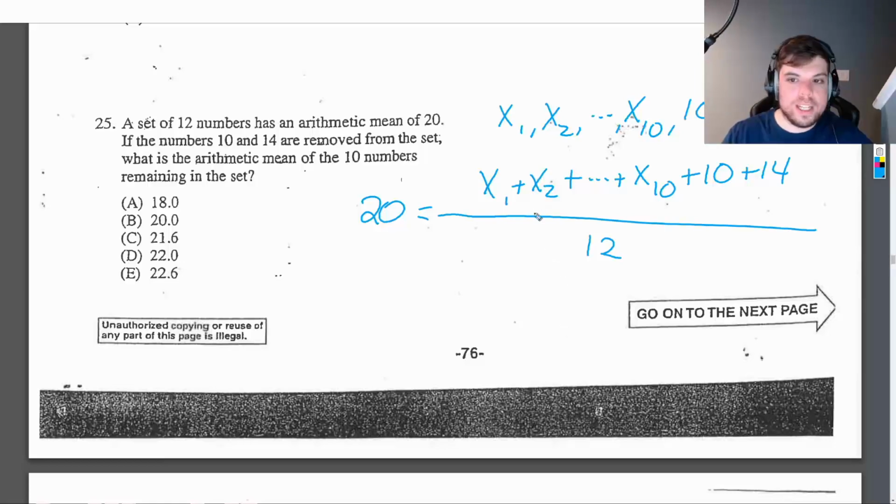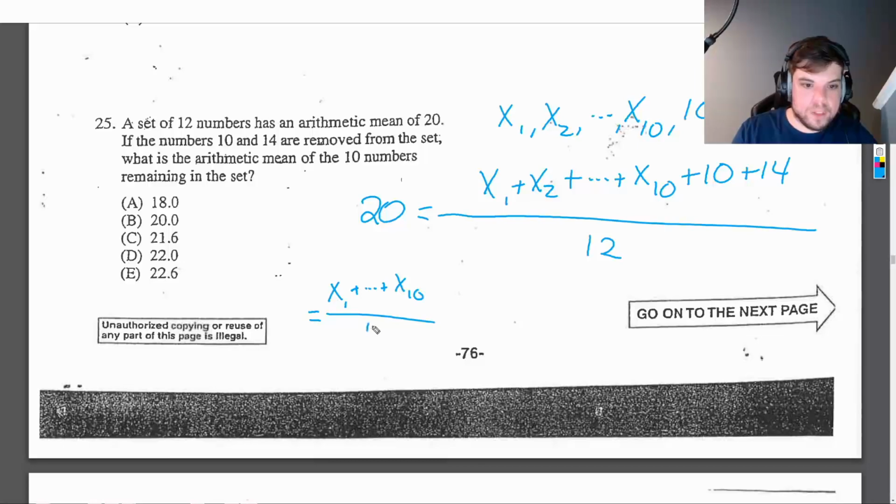Okay, so let's rewrite this a little bit. This can be x1 plus dot dot dot plus x10 over 12. This is still equal to 20.